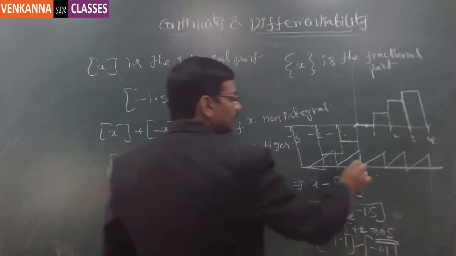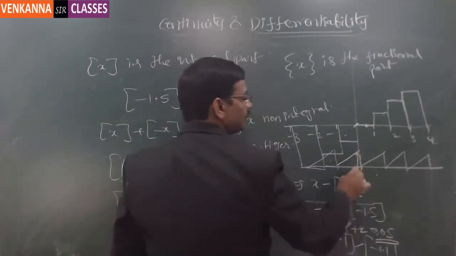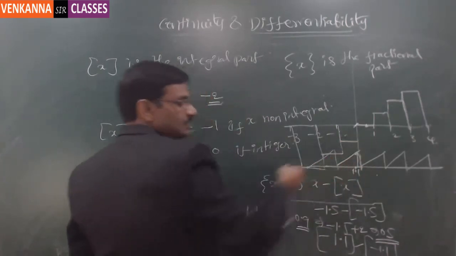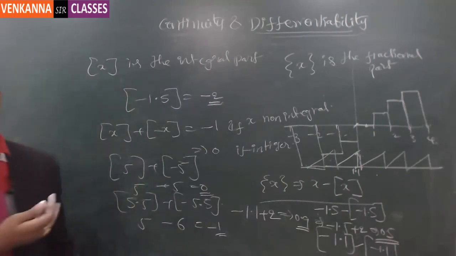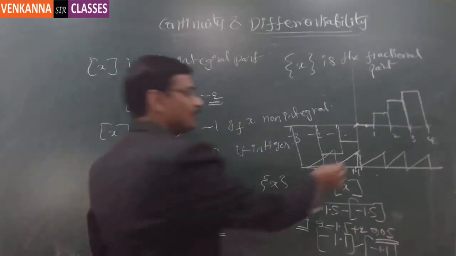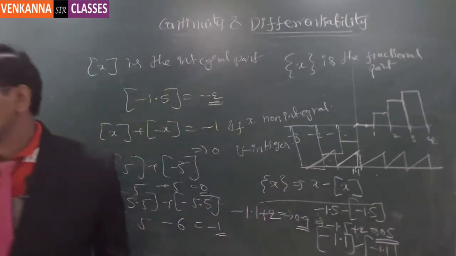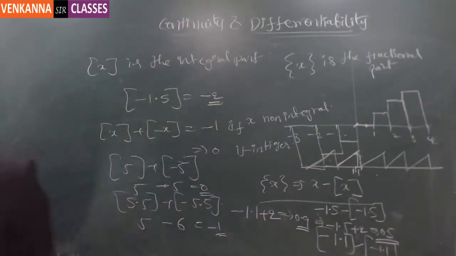So here you are going to get 0.9 if it is 1.1. That means the value keeps on reducing as you go from right to left. So the same curve is getting repeated even on the left side. Got it? Understood? So this is about the special functions. Do you have any questions on this?